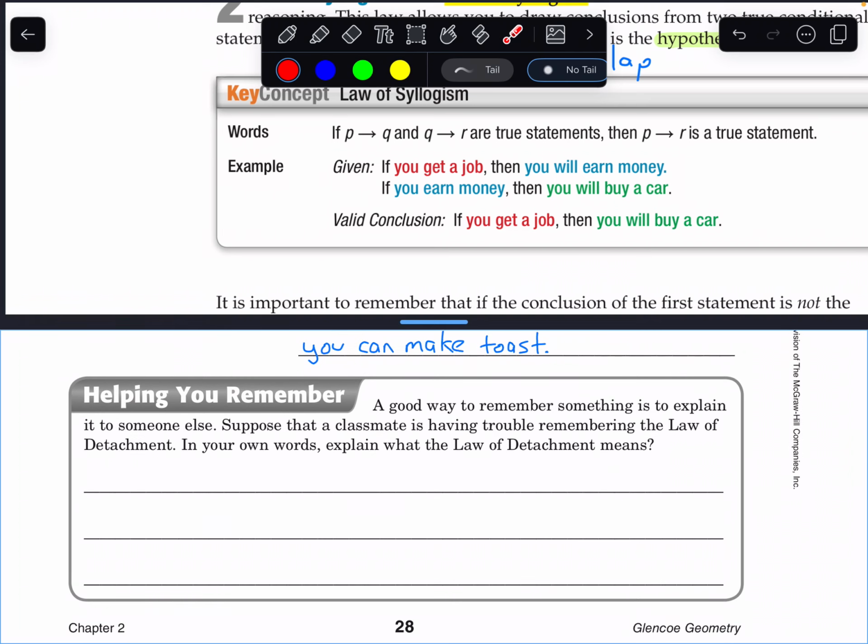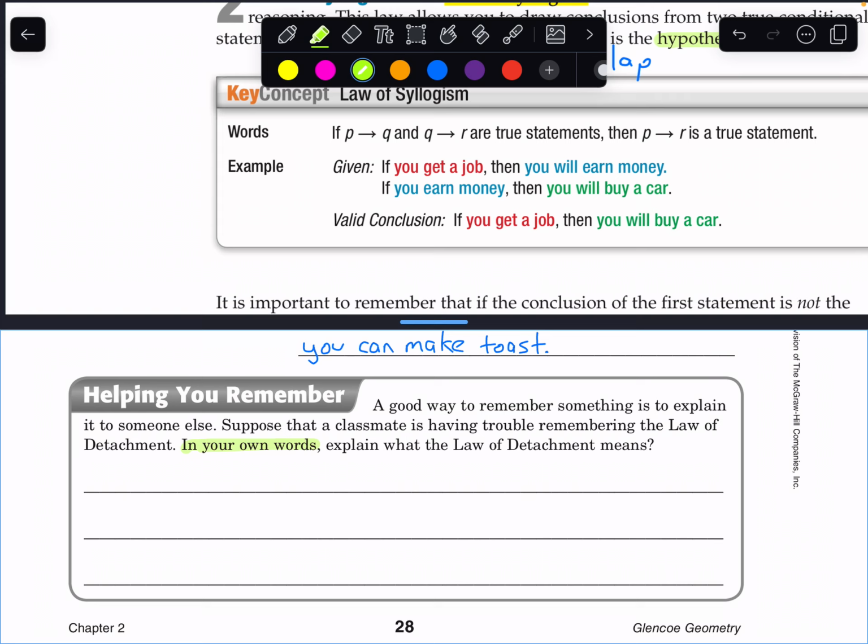All right. Finally, helping you to remember, a good way to remember something is to explain it to someone else. Suppose a classmate is having trouble remembering law of detachment. In your own words, explain what the law of detachment means. Ooh, okay. This does say in your own words, so I'm going to leave this one here for you to fill in on your own.